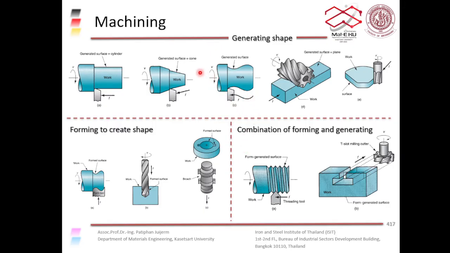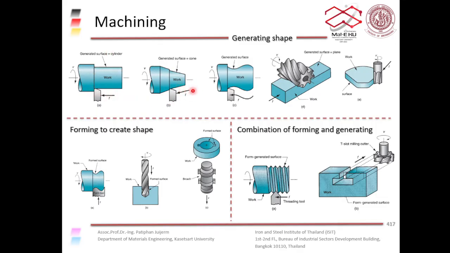For generating processes, you can use the same cutting tool. In this picture and this picture, you're using the same cutting tool, but generating different shapes by different movement of the cutting tool. If you feed the cutting tool linearly, parallel to the workpiece, you produce a cylindrical shape.